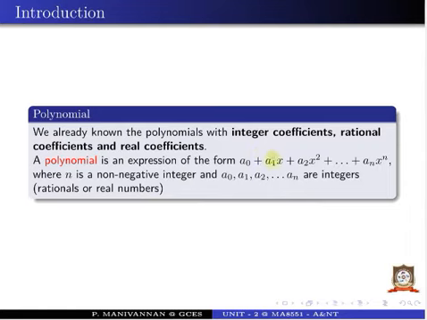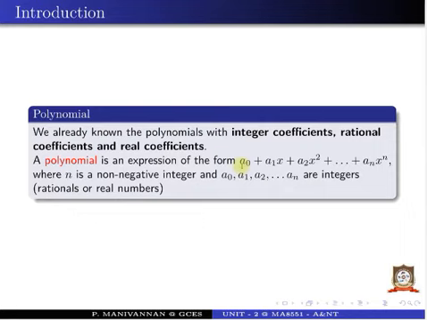A polynomial is an expression in the form a0 + a1x + a2x^2 + ... + an x^n.